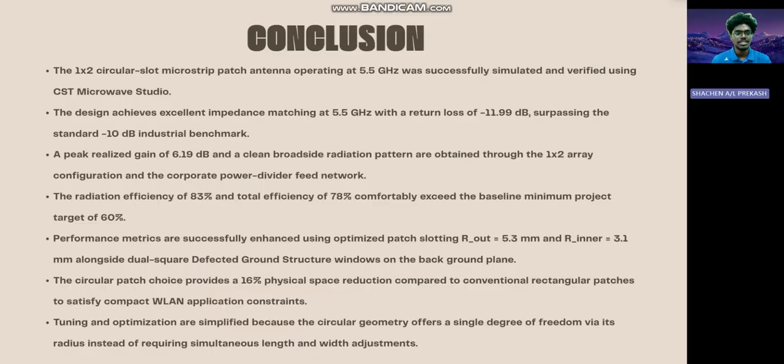The circular patch choice provides a 16% physical space reduction compared to conventional rectangular patches to satisfy compact WLAN application constraints. Last but not least, tuning and optimization are simplified because the circular geometry offers a single degree of freedom via its radius instead of requiring simultaneous length and width adjustment.